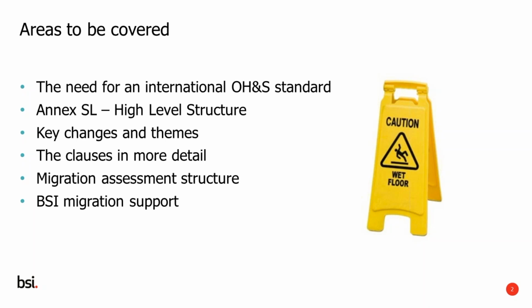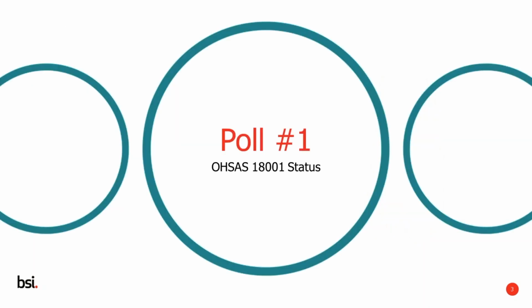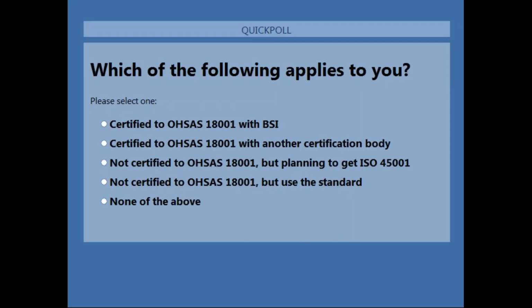Before I start with the details, I'm going to hand you over to Rob, who's going to run through the first poll that we have for you about the OHSAS 18001 status. Okay, so let's start with that poll. Which one of the following applies to you? Please select one. Let us know if you're certified to BS OHSAS 18001 with BSI.